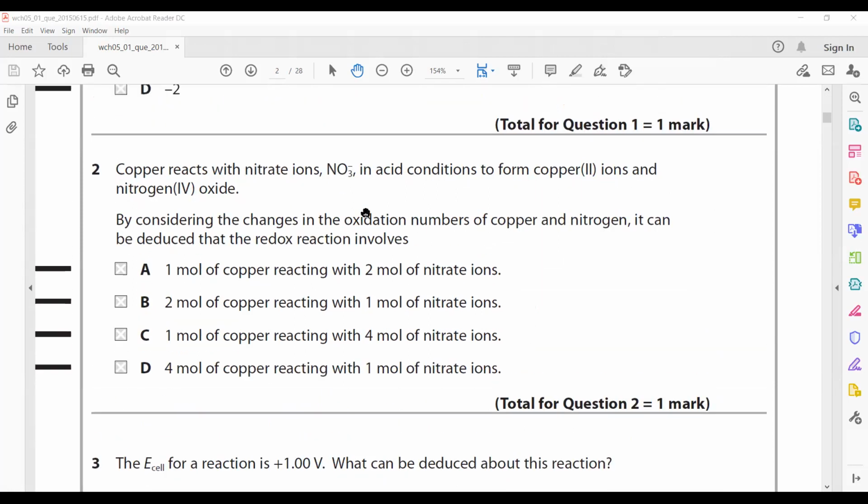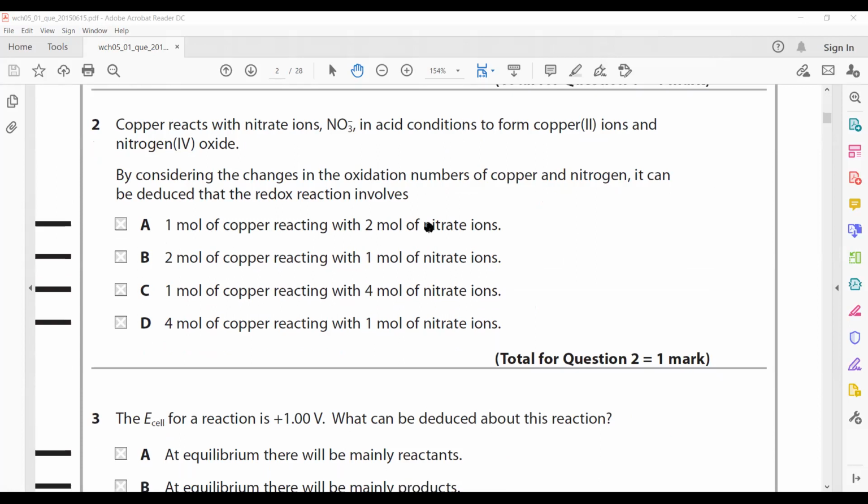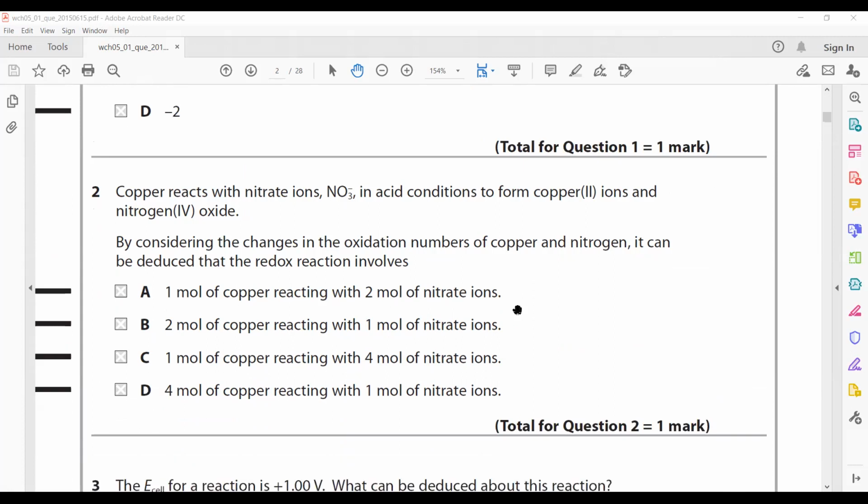For question 2, is it clear? What's the right answer for question 2?